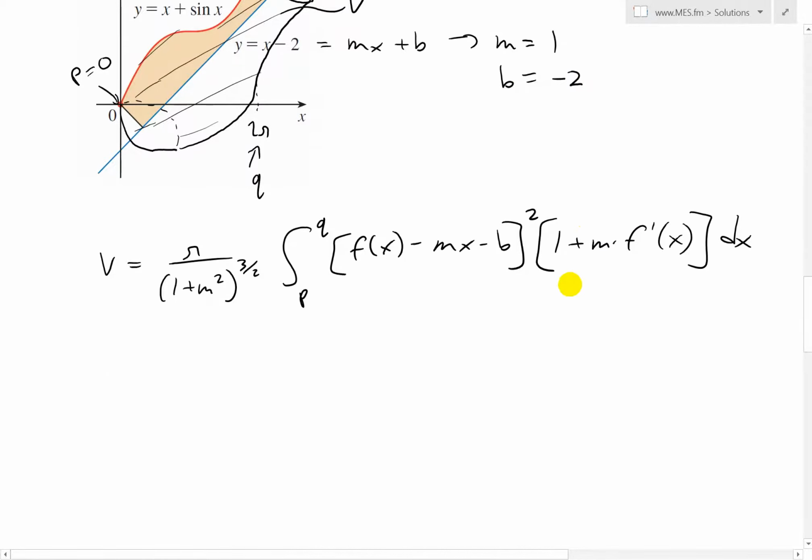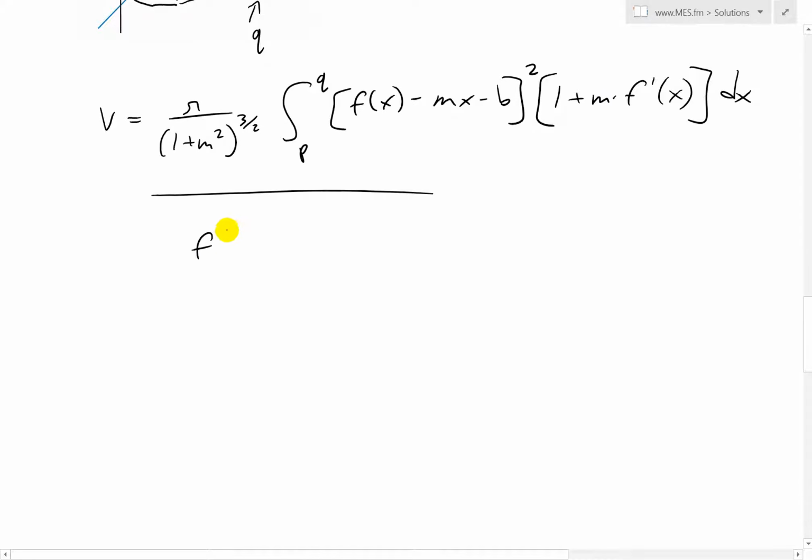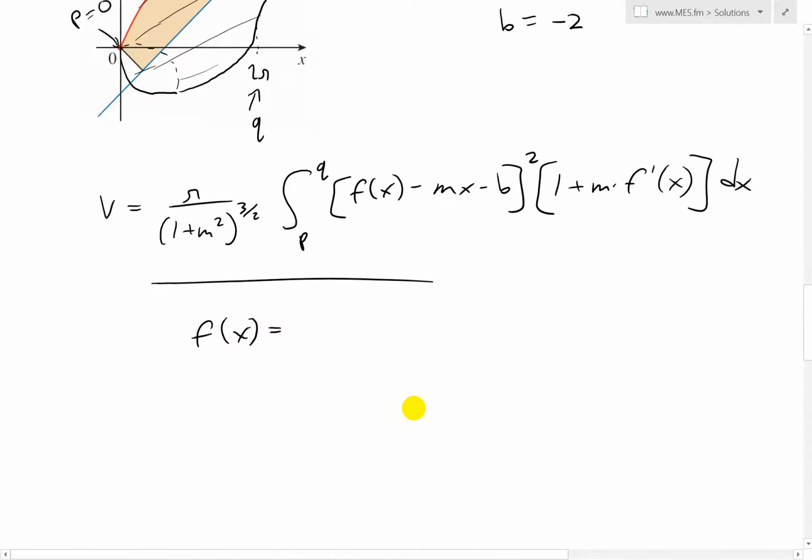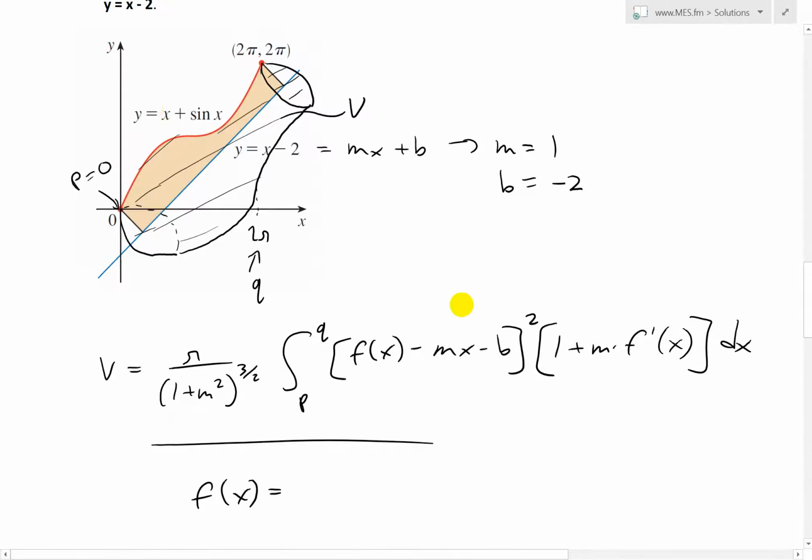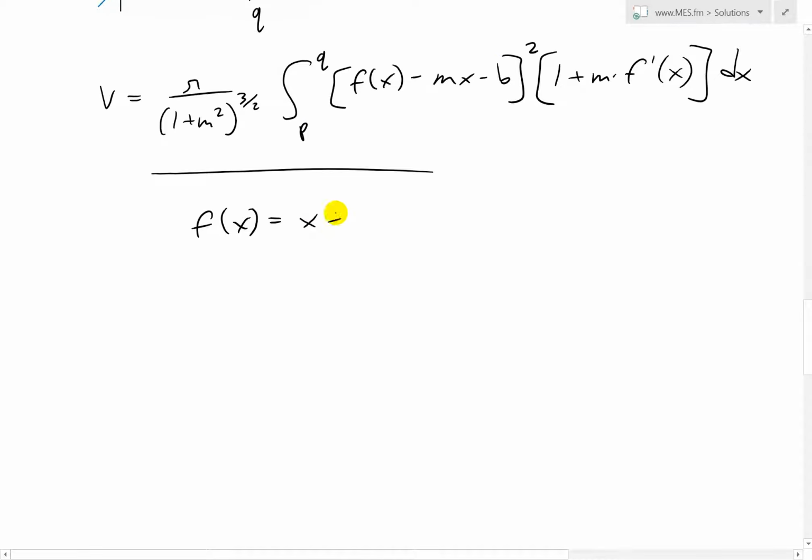So we have everything there. And our f of x is y equals x plus sine x. The next part we need is the derivative, so f prime of x is the derivative of this. The derivative of x is 1, plus the derivative of sine, which is just cos of x.